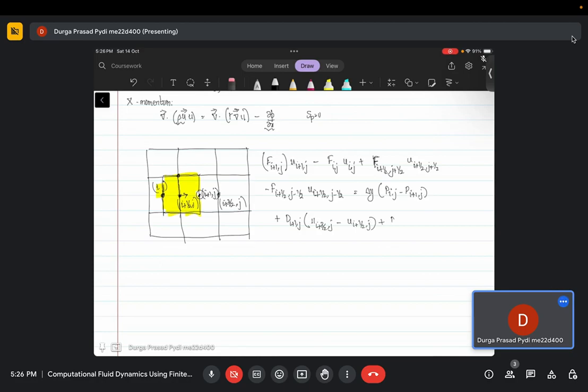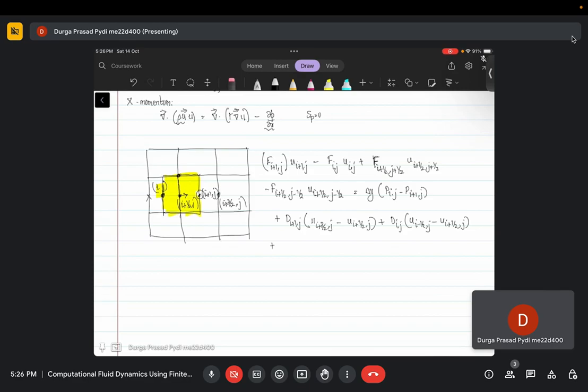Similarly on the west face, you will have u_{i-1/2,j} minus u_{i+1/2,j}. If I put a minus here, I am just directly putting a plus here.